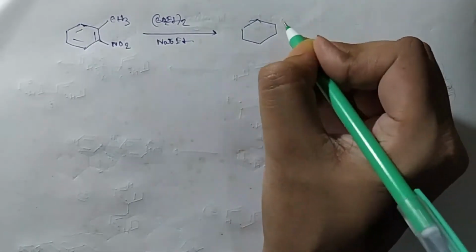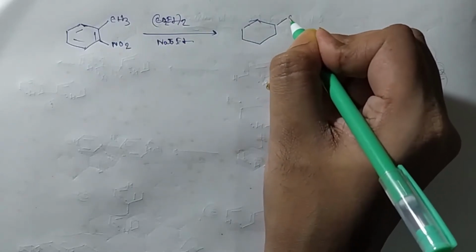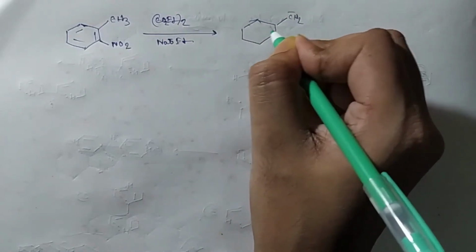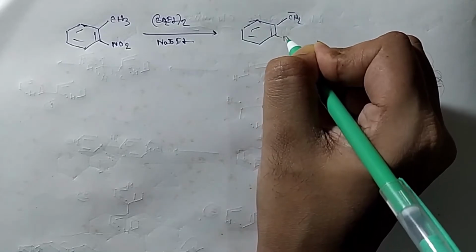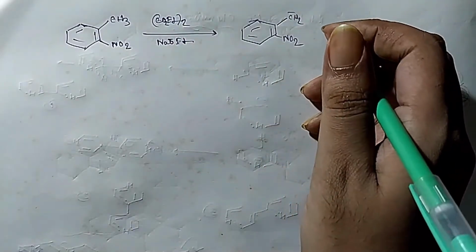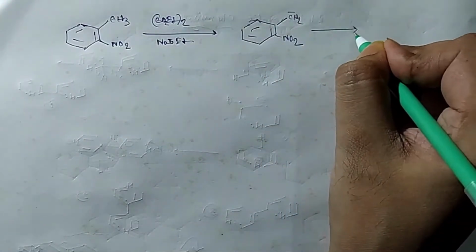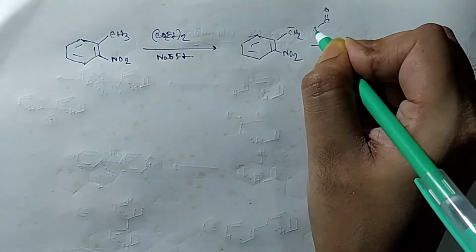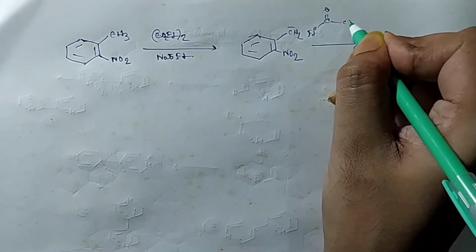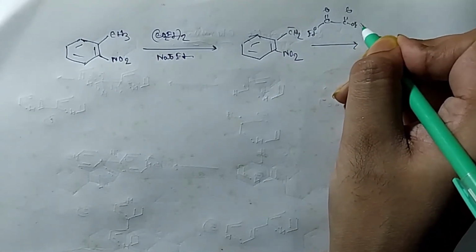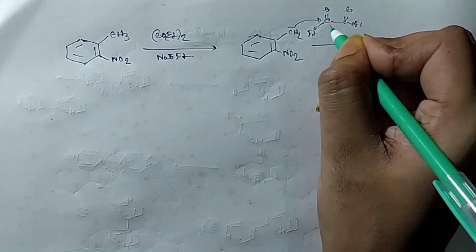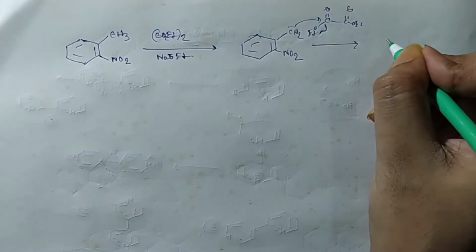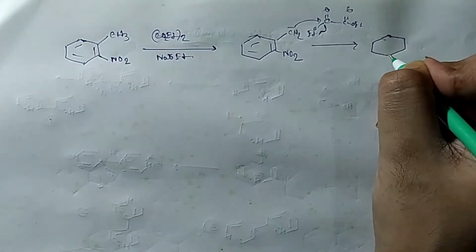You will get a stable carbanion which further attacks the CO2Et, the carbonyl. It attacks one of the carbonyls and ethoxide is released, so you get a product like this.